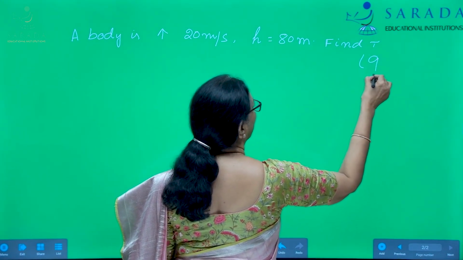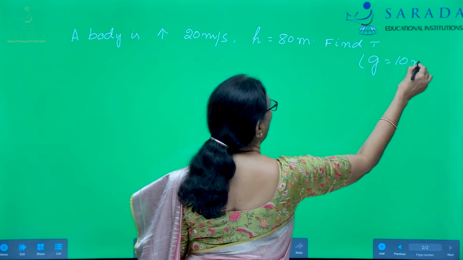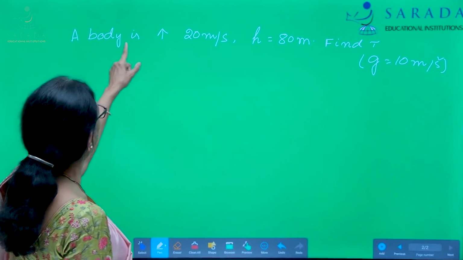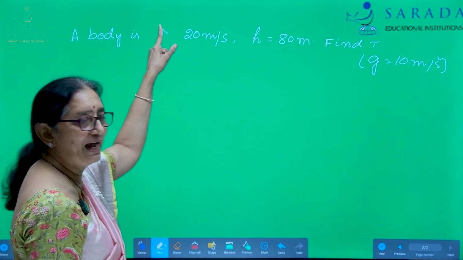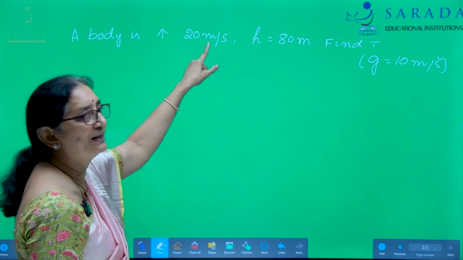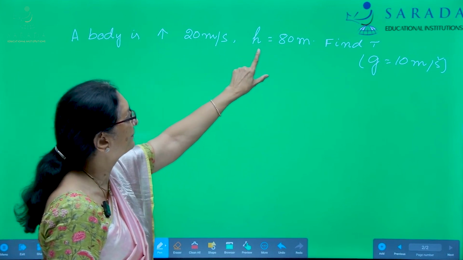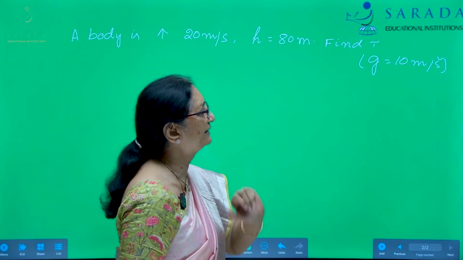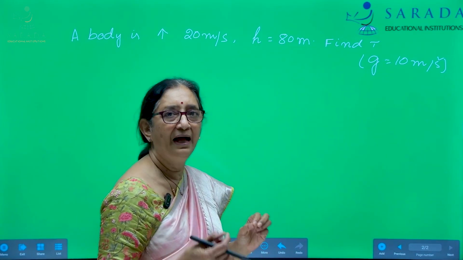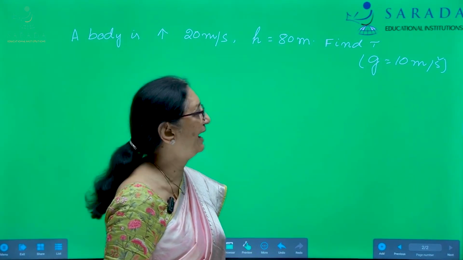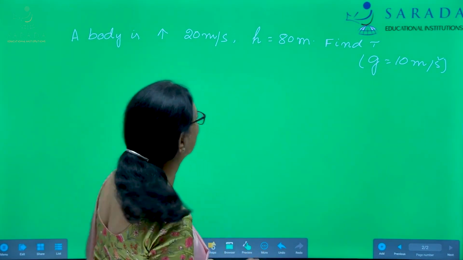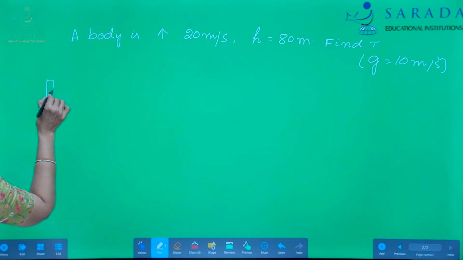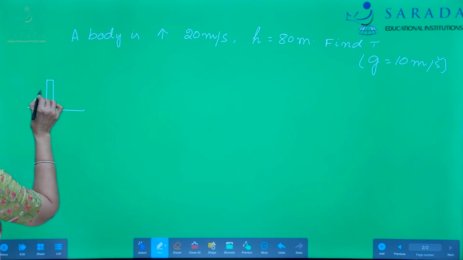Take the value of g as 10 meter per second square.